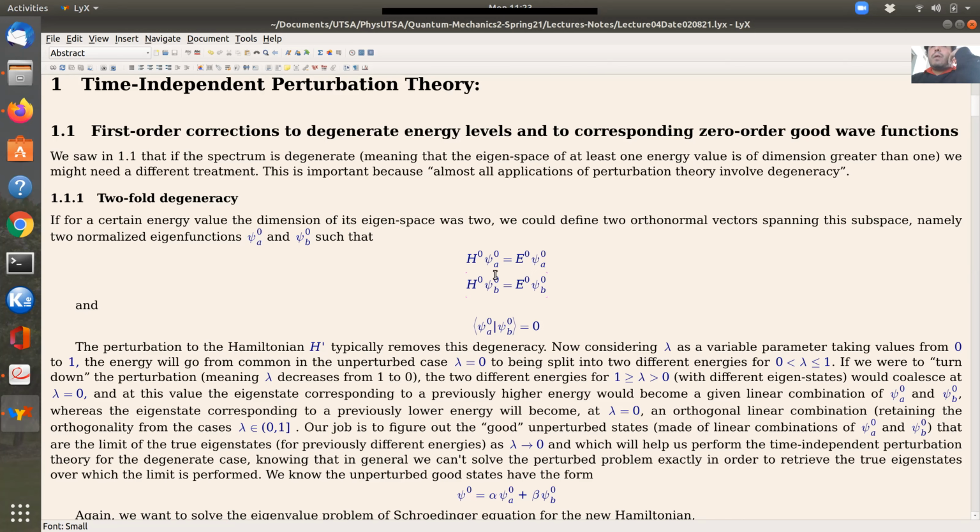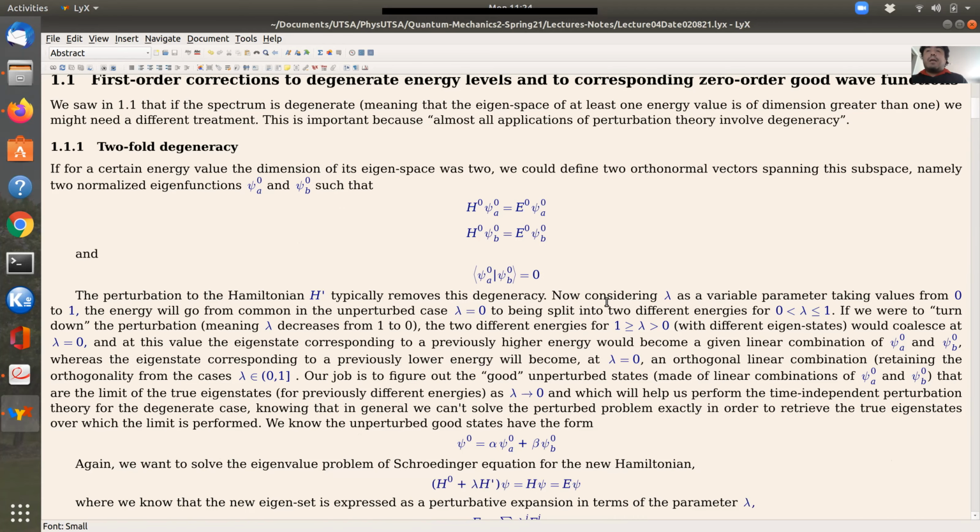They are both eigenfunctions, sorry, of the unperturbed Hamiltonian operator with eigenvalue E naught, both for phi 0a and phi 0b. And they can be chosen orthogonal as they are linearly independent. So we'll assume that we have already chosen phi 0a and phi 0b as such.